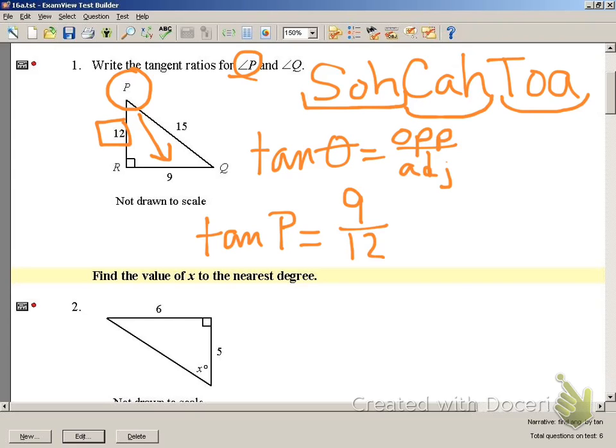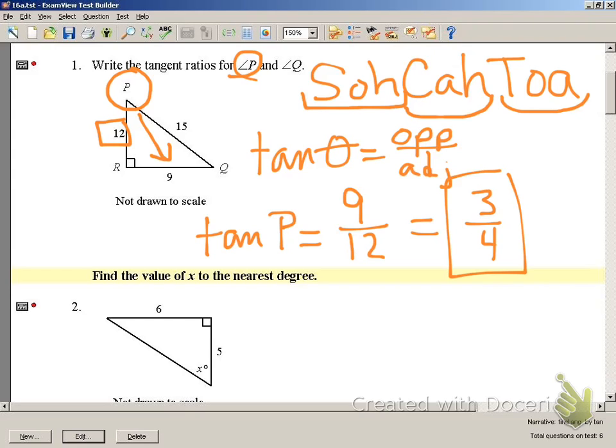So we have the fraction 9 over 12. Anytime you're writing a trig function, if it can reduce, you want to reduce it. Therefore, the tangent of P would reduce to 3 over 4. So that is the first part of question number 1.